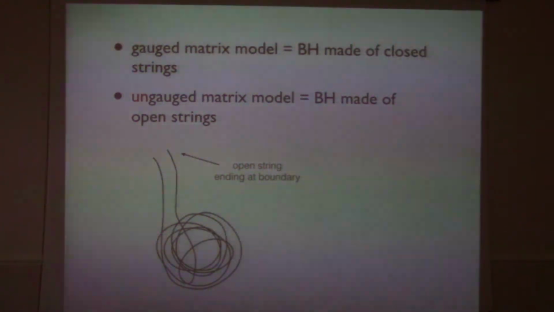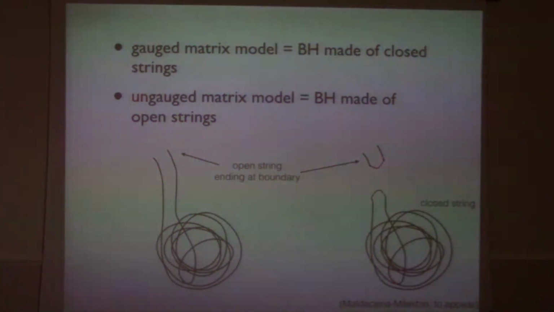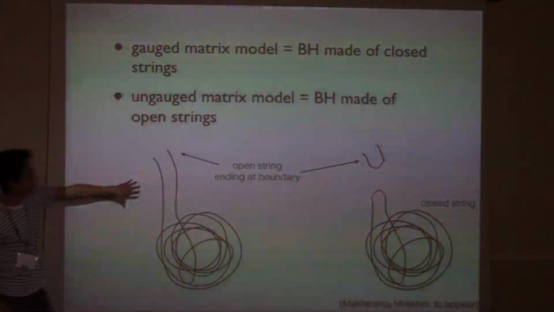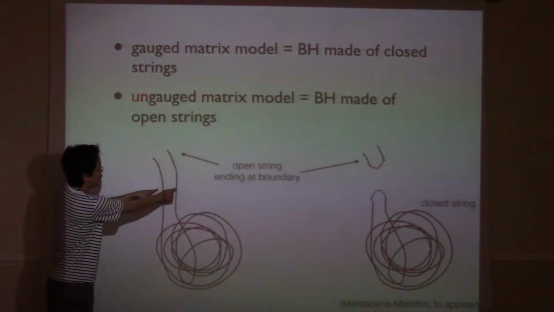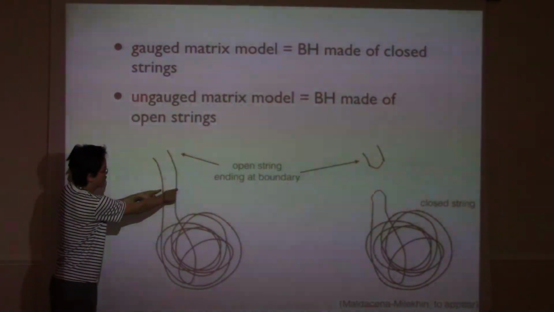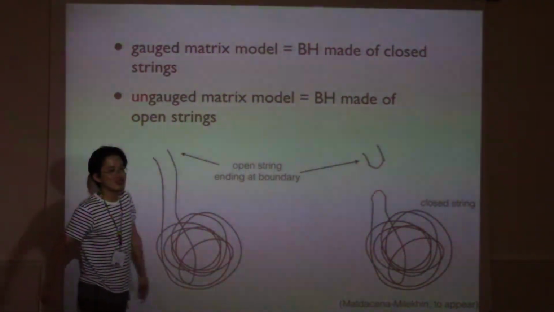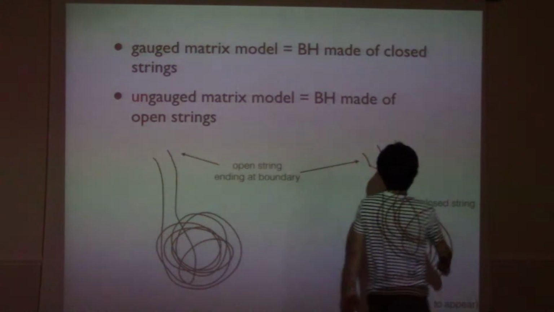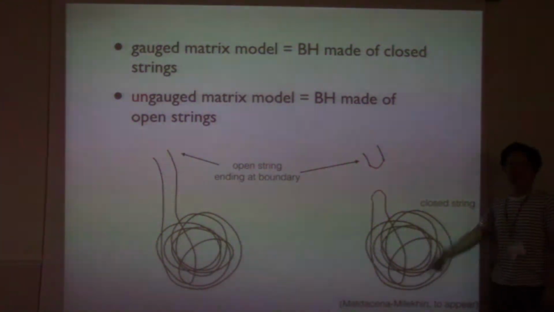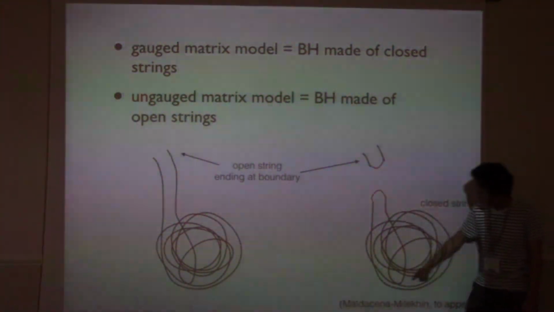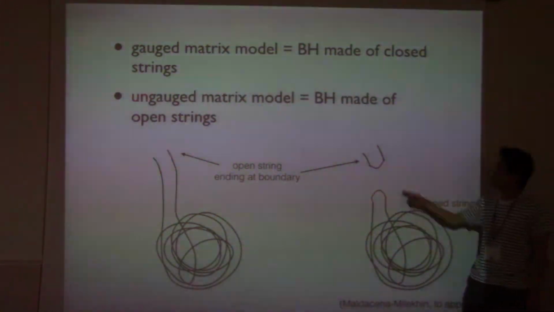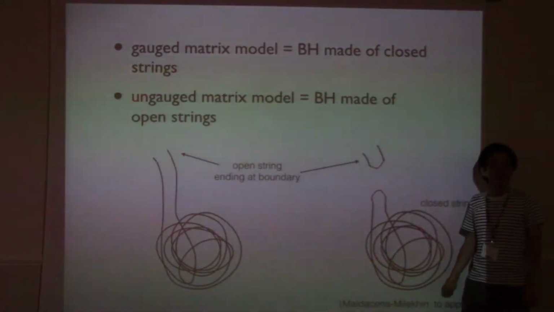This sounds natural, but then intuitively, what can happen? The string can self-interact. So this string can interact with itself, and then it can pinch off, and then we have a long closed string in the bulk and a short open string at the boundary.